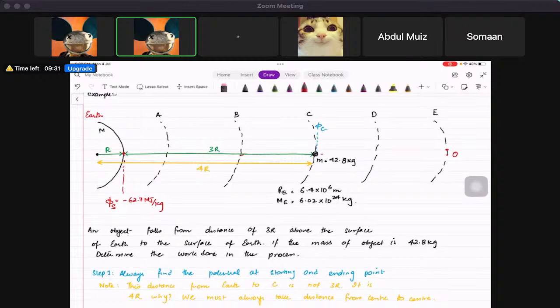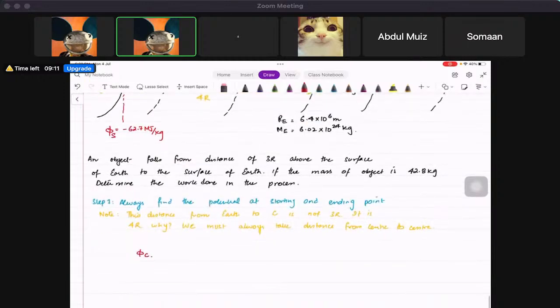The distance will always be from the center of Earth to that point. So the distance is always taken from center to that point, which makes it 4r, not 3r. So that's a trick they will play all the time. Okay? Okay, thank you.